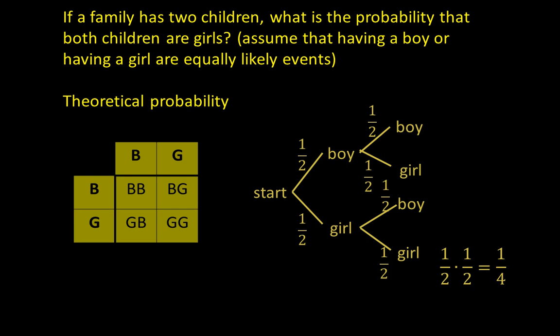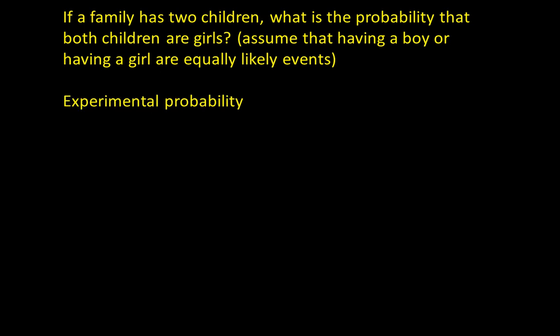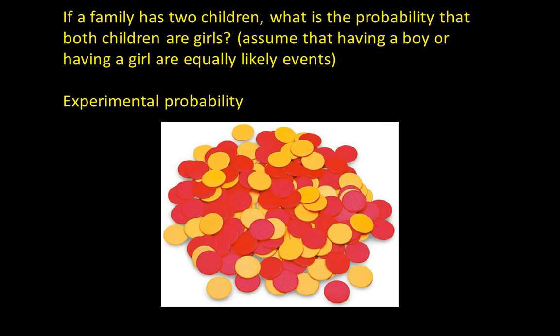We haven't actually done an experiment to come up with an experimental probability. So apart from actually having children, one way we could come up with an experimental probability is by literally doing some experiment, like perhaps tossing some sort of counters where we might say red represents boy and yellow represents girl.